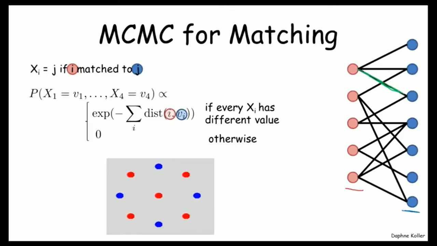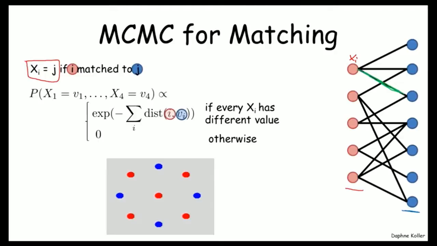So one formulation of the matching problem as a graphical model is that we have a variable xi for each red dot. So the red dots are going to be the variables. The blue dots are going to represent values. And we're going to have that xi is equal to j if I match i to j. So that can now be written as a probability distribution over a space. And we can consider the probability of an assignment of values to variables.